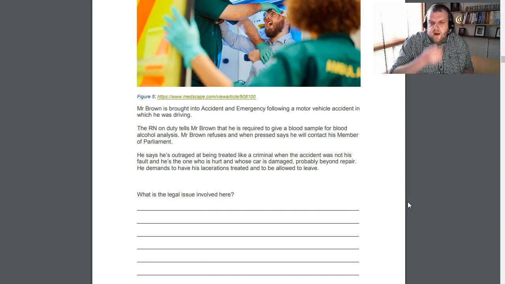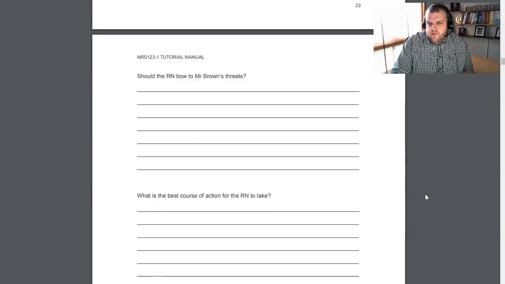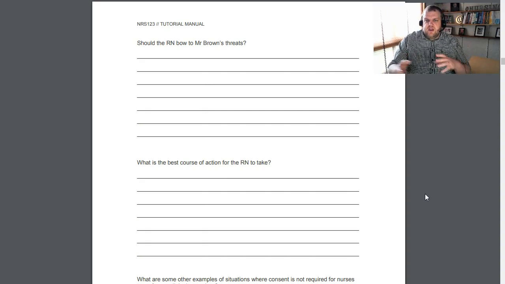You can explain to the patient that it's breaking the law to refuse to give that blood sample, which is an issue for the police and the patient to sort out. It's an interesting case because he's not allowed to say, no, I don't want that. He needs to give that blood sample. It's legally required.